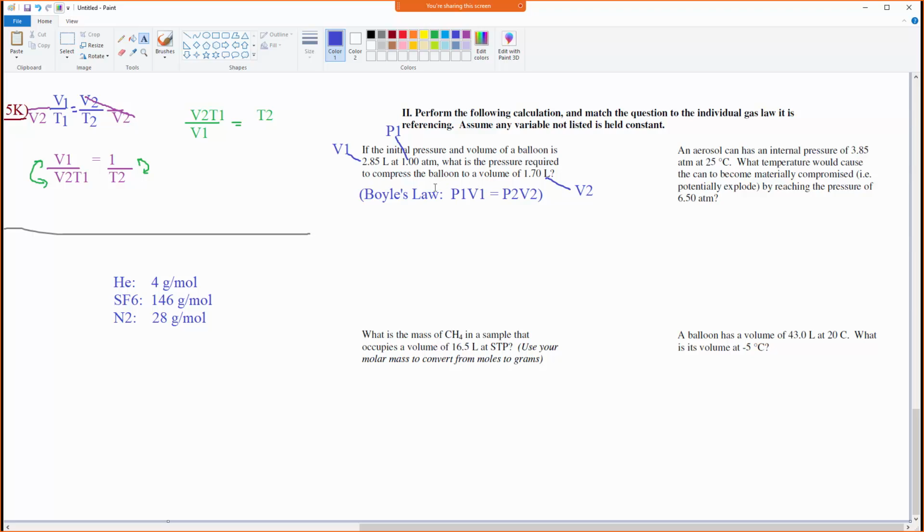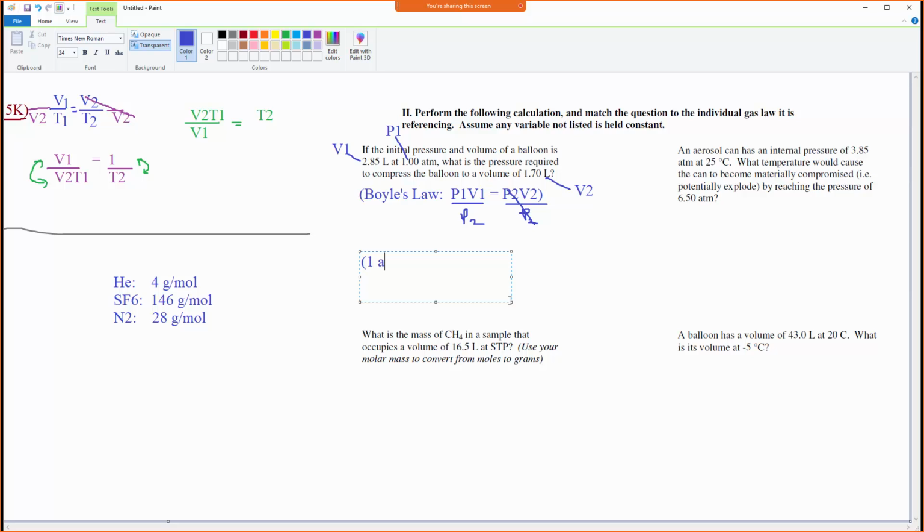So we're going to divide both sides by P2. Oh, I'm sorry. We're not solving for V2, we're solving for P2. We want V2 on the bottom here, 1.70 liters.